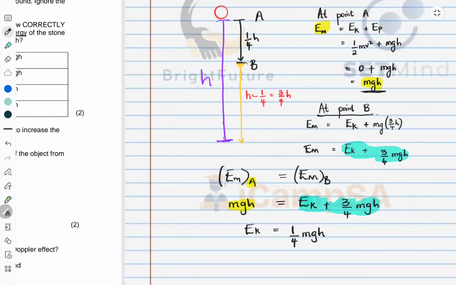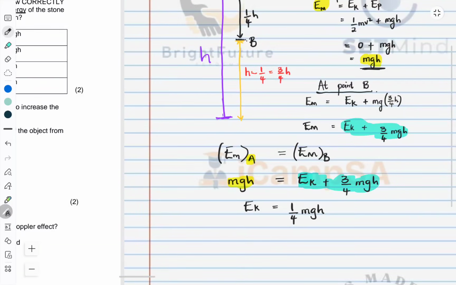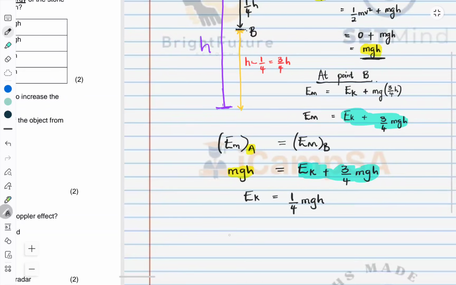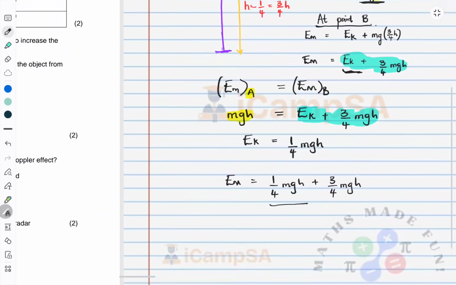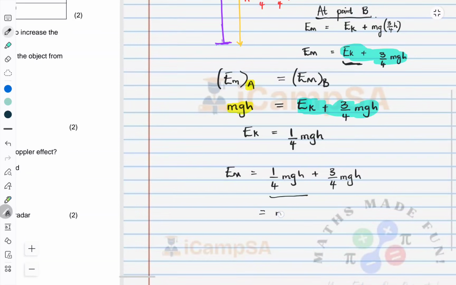That's our kinetic energy at B. Now that we have that, we can find the mechanical energy at B. EM is equal to 1/4 mgh plus 3/4 mgh, substituting the kinetic energy we found into this formula. So you'll just find mgh. That's it.